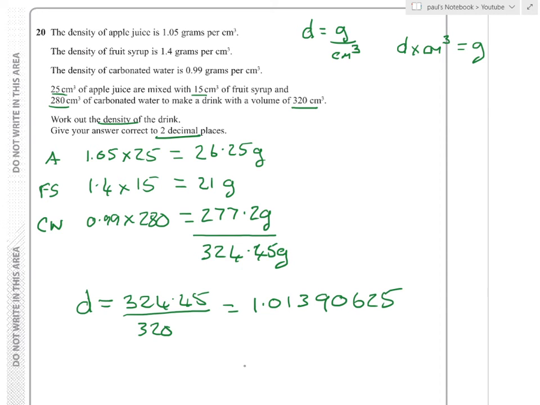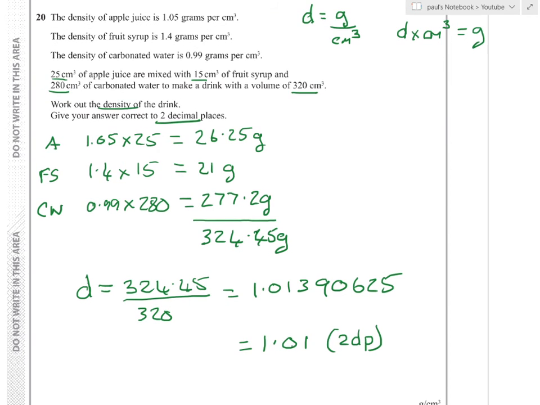Two decimal places, 1.01, and write two decimal places. 1.01 what? Grams per centimeter cubed.